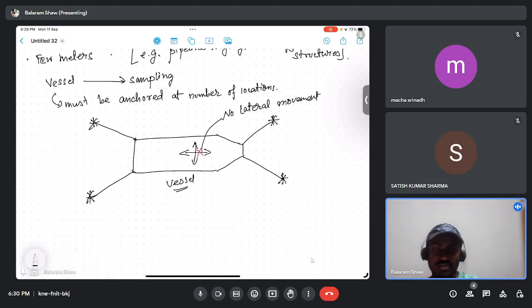Why do we need this anchoring, because there should not be any fluctuation. But how can this fluctuation happen if we don't do this anchoring? Whether there will be any fluctuation? If yes, why, or how?